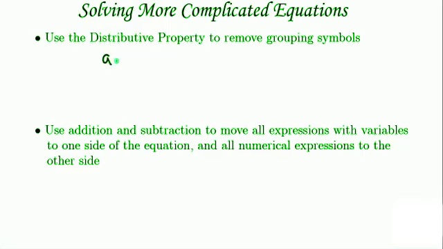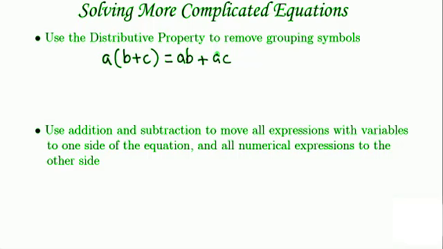Reviewing what the distributive property is, what it says is that if you have A times B plus C, that is equal to A times B plus A times C. So instead of A times B plus C, you take the term outside the parentheses, multiply it by each of the terms within the parentheses.